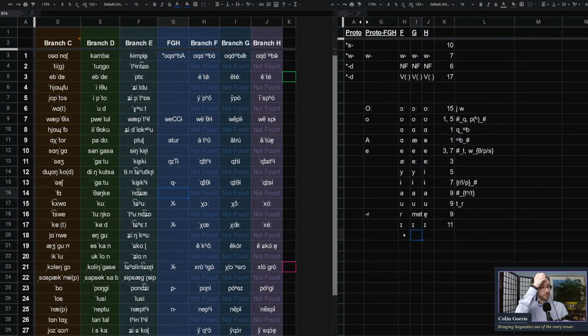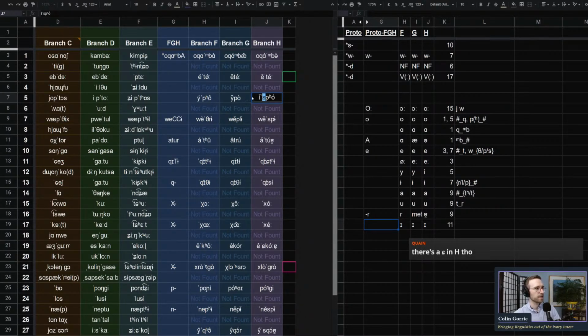Right. Okay, so here's something interesting. We have this cluster here. We don't see this cluster anywhere else. Interestingly, we have this S show up in number 5 as well, and it vanishes.